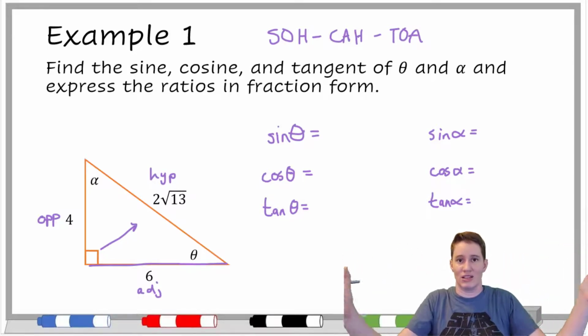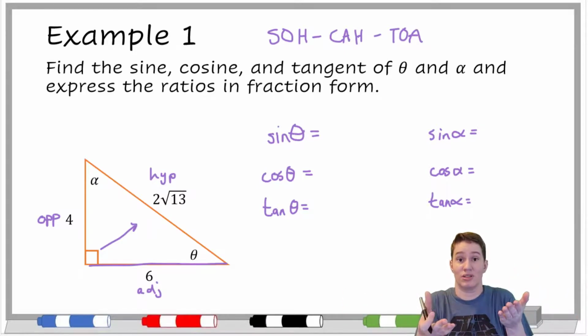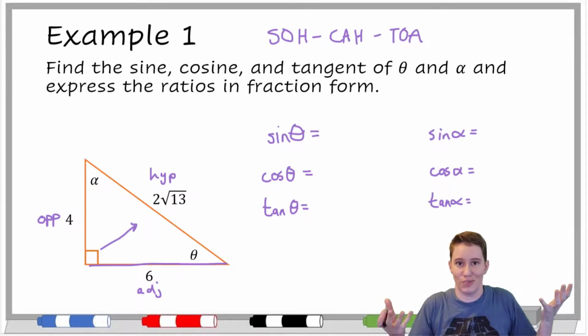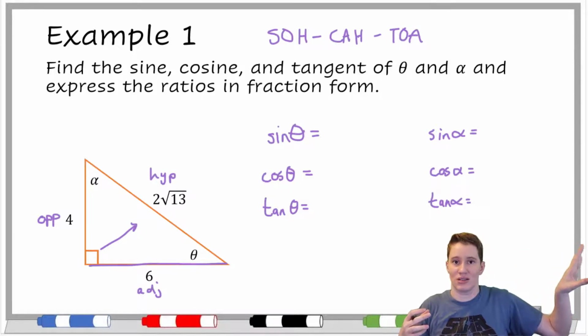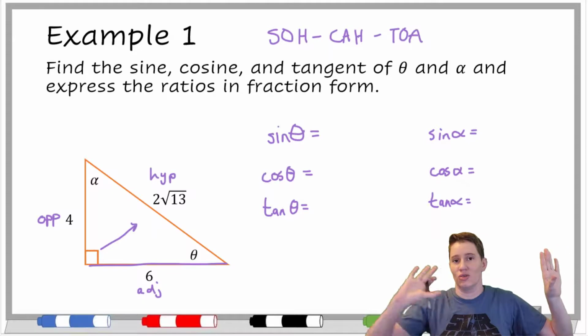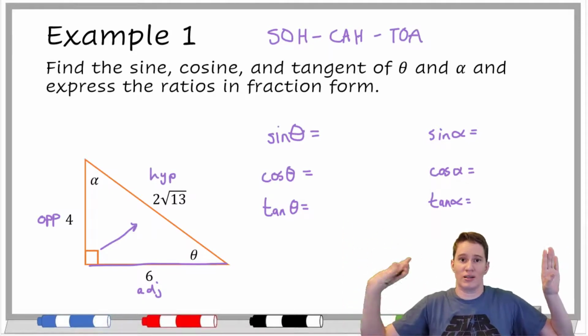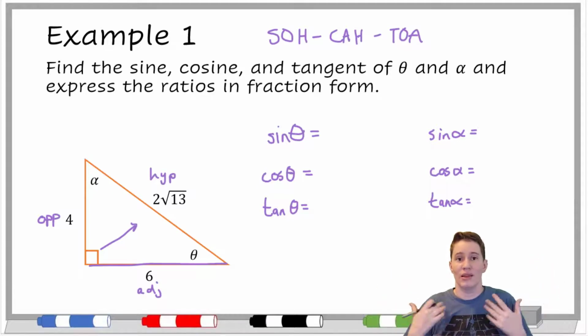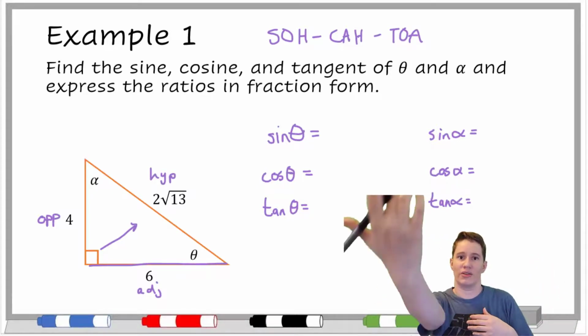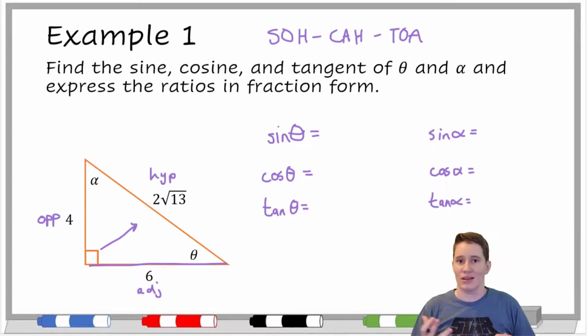What side is adjacent to you and what side is opposite? If you pretend that you're in this triangular room at theta, which wall could you theoretically reach out and touch? That's your adjacent side. You also have a wall you can touch, which is your hypotenuse, but the hypotenuse is special because it's across from your right angle. And then what's the wall you can't touch? That's the wall that is opposite to you. That's the first time I've ever tried to explain it that way, so let me know if that helped or not.